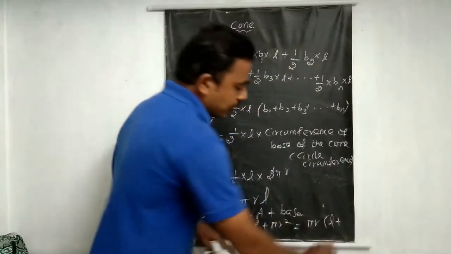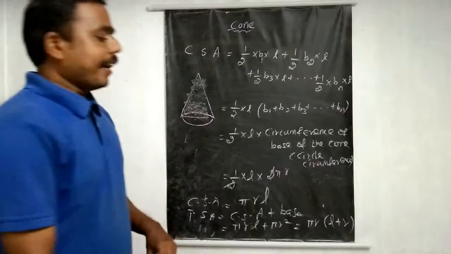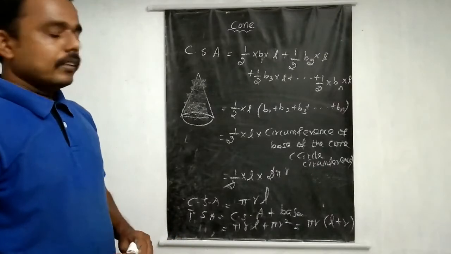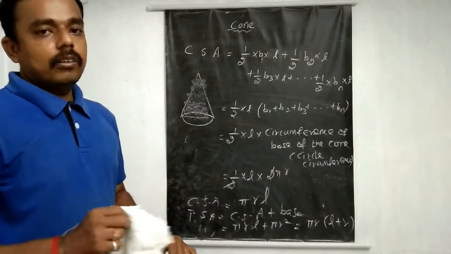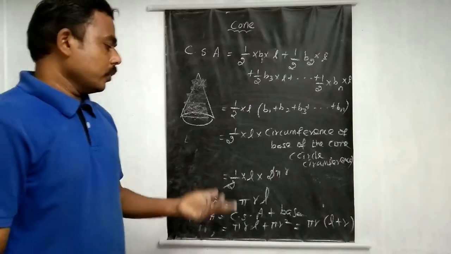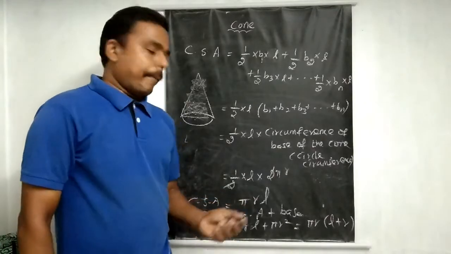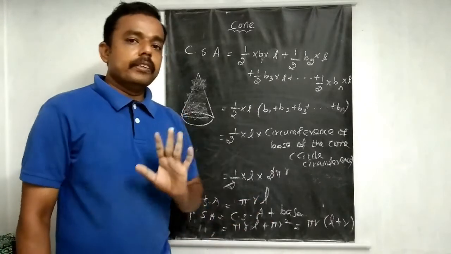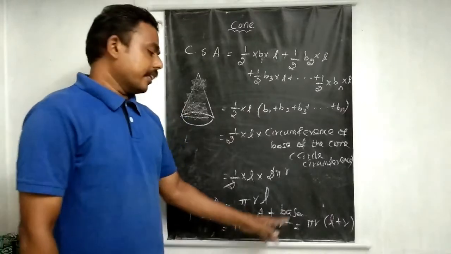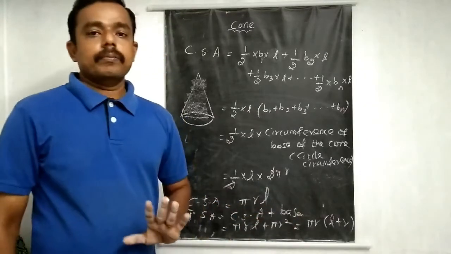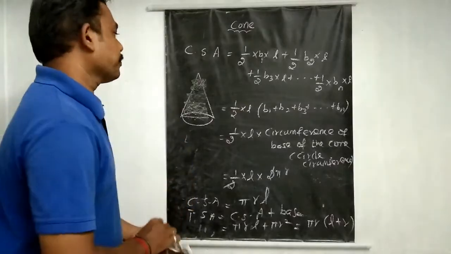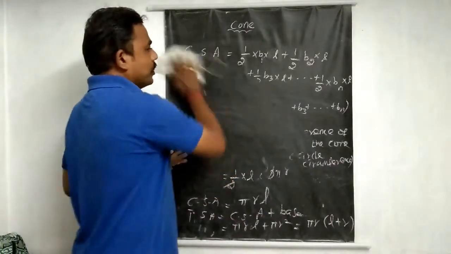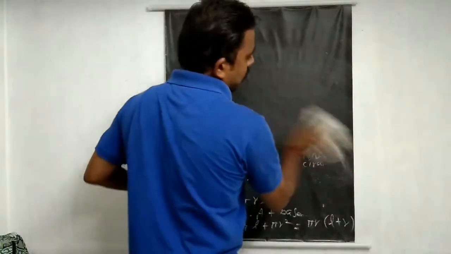So pi r into L plus r is the total surface area of the cone. Only pi r L is the curved surface area. So you may easily study: pi r L, simple, and another one, pi r into L plus r. Instead of L, you may use L plus r. Now using this, we are going to solve the problems.